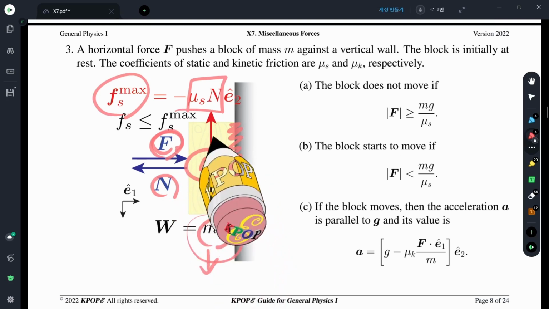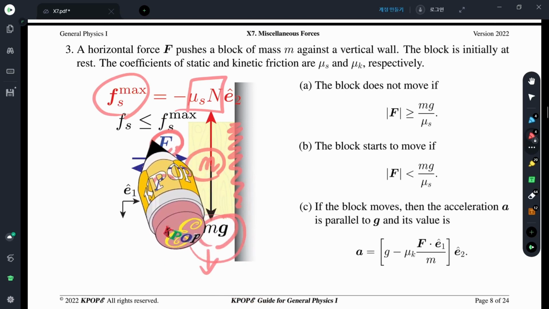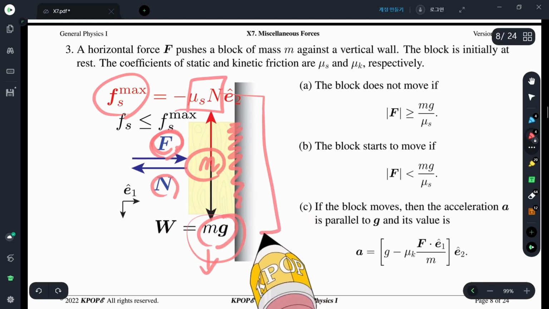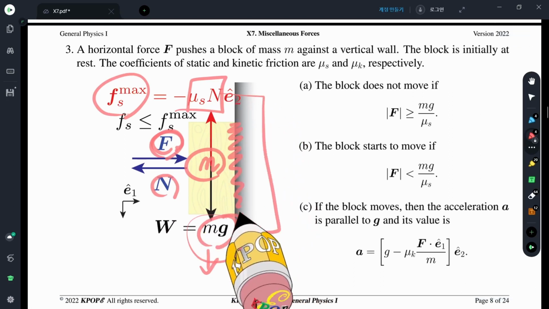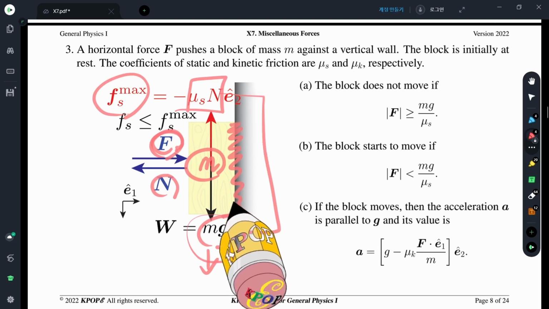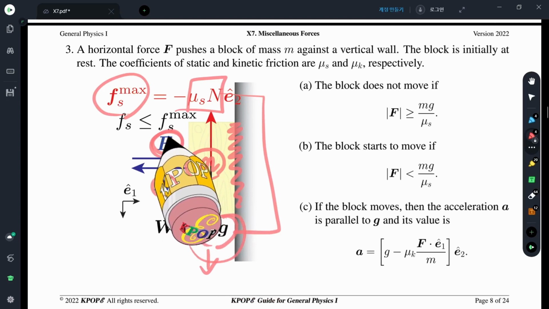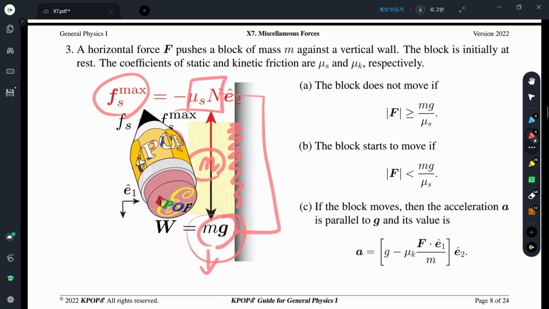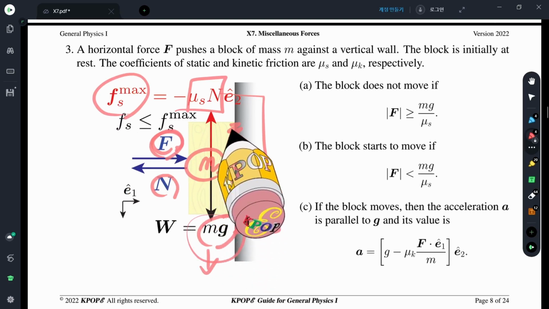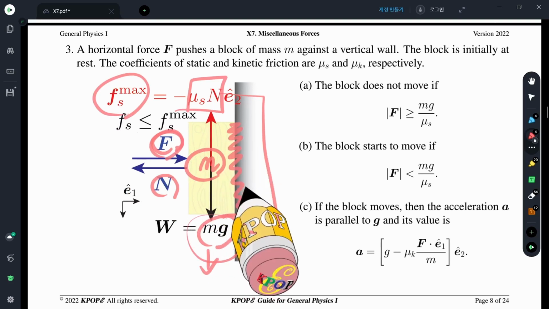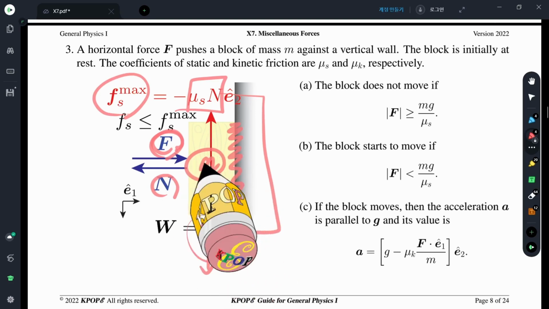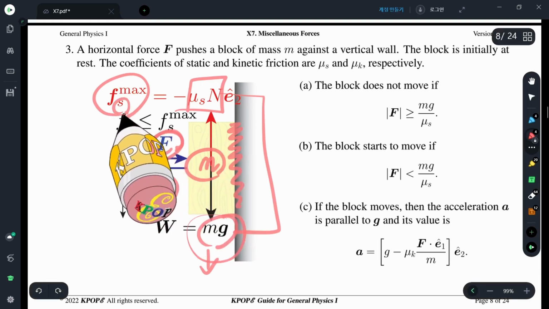As soon as you decrease the force as small as possible, at some point you reach the point where these two magnitudes are the same, and if you decrease a little bit more, this block starts sliding down. After that, it will acquire the frictional force, not static, but kinetic.